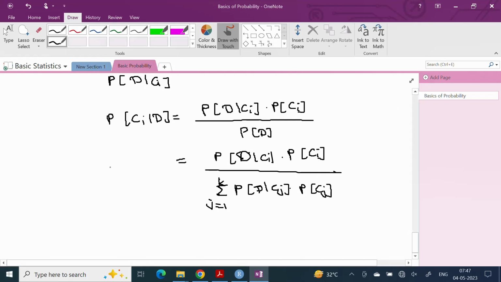Okay, so here C1 would be the event that the email is spam, C2 would be the event that the email is genuine. Okay, and D would be something like occurrence of such a huge number or occurrence of the word lottery.